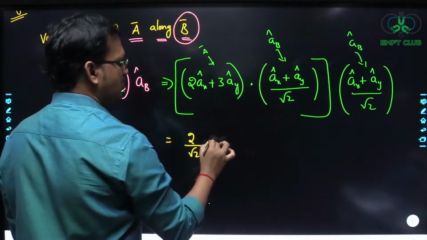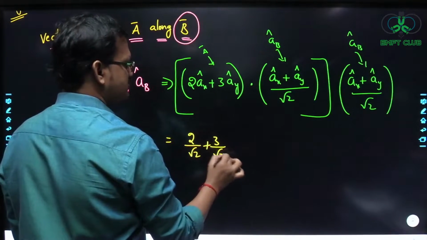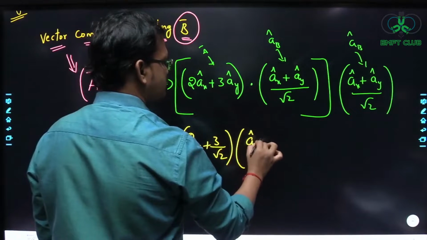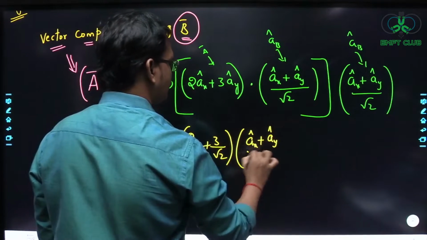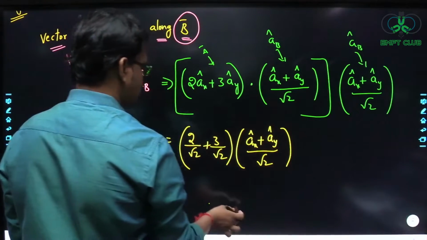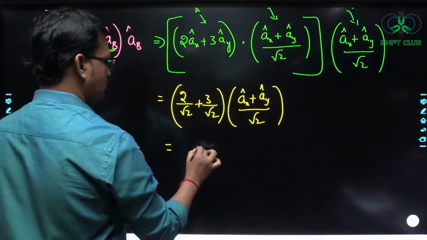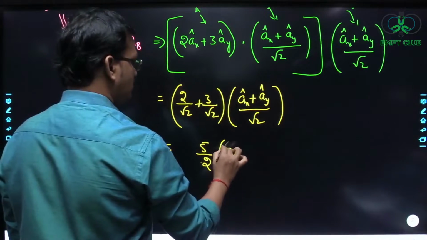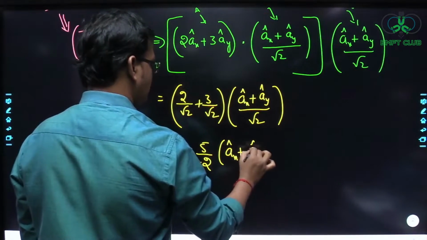You are going to get plus 3 by root 2. So this multiplied by AX cap plus AY cap divided by root 2. So finally you are going to get 5 by 2. Yes or no? 5 by 2 into AX cap plus AY cap.